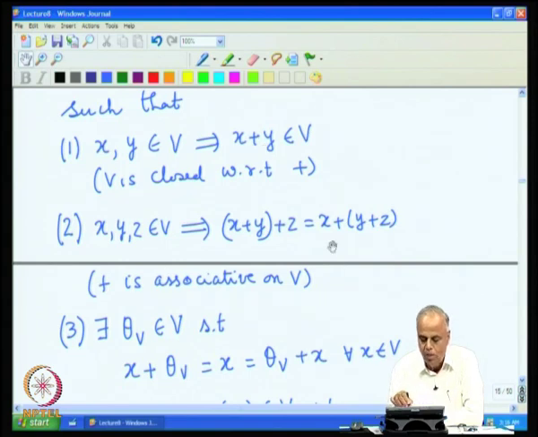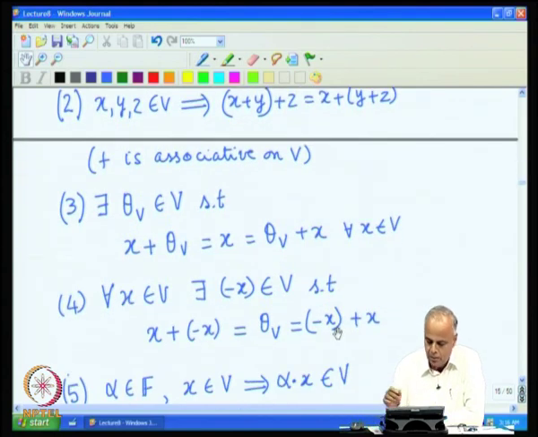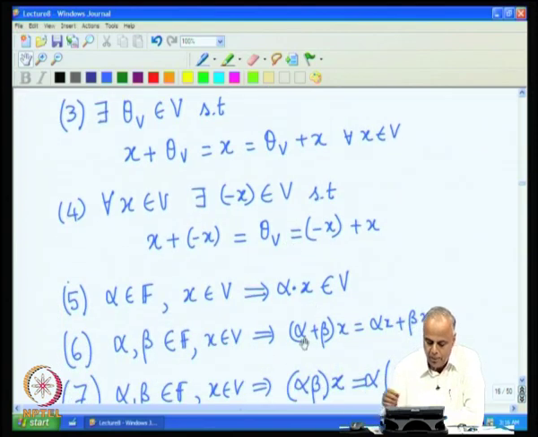This plays the role of the associative law of addition in R^k. This plays the role of the 0 matrix in R^k, or the 0 column matrix in R^k. This plays the role of the negative vector or negative matrix or negative column matrix in R^k. This rule 5 plays the role of the fact that when you multiply an R^k element with a scalar, you get an R^k element. Now, we say multiply a V element with a scalar in F, we get a V element.